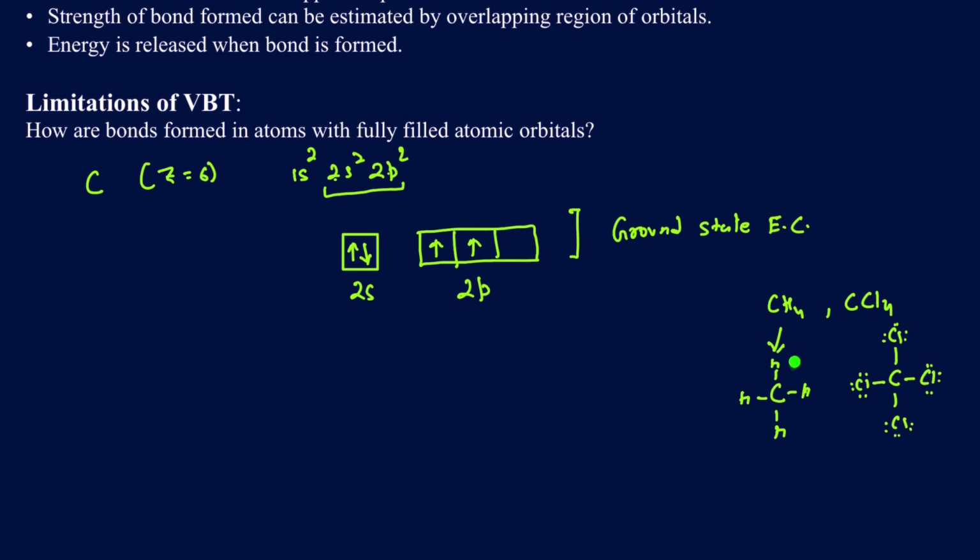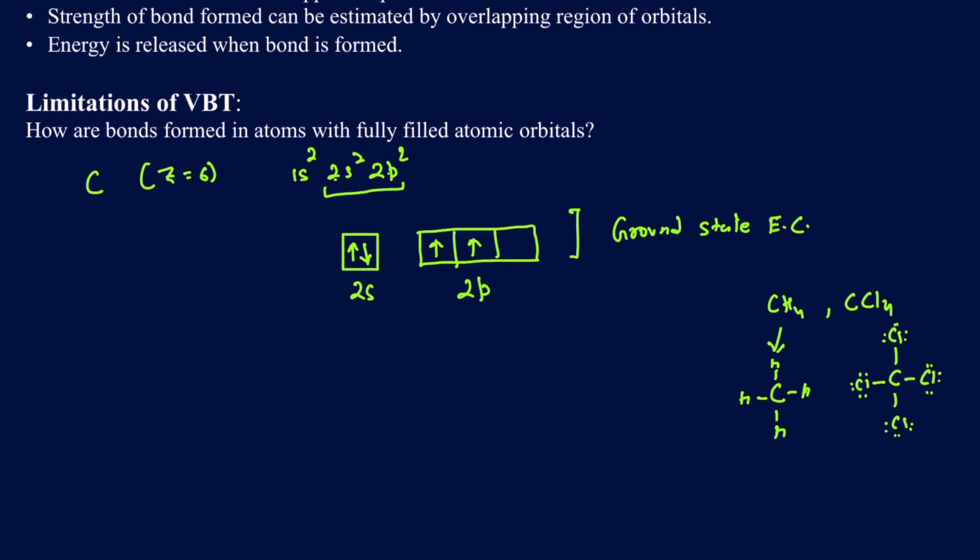Now, what do you see right now? Carbon is actually capable of making four bonds, but based on the valence bond theory, which talks about only half-filled atomic orbitals being able to make bonds, it can only make two bonds. So this is where it lags a little bit or fails a little bit, you can say, in that it doesn't explain the formation of these extensive bonds that you can see in the case of carbon.